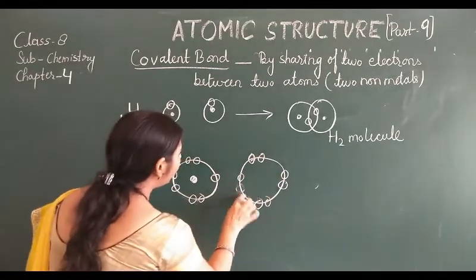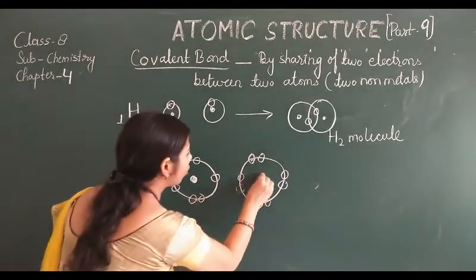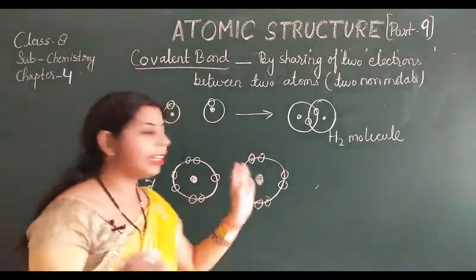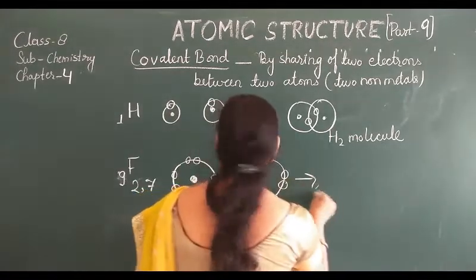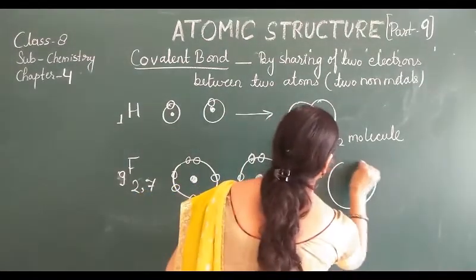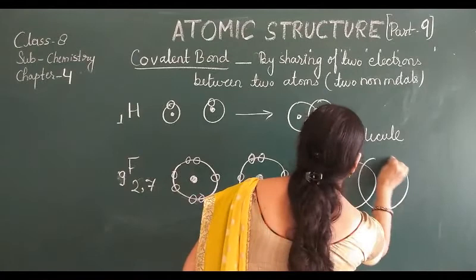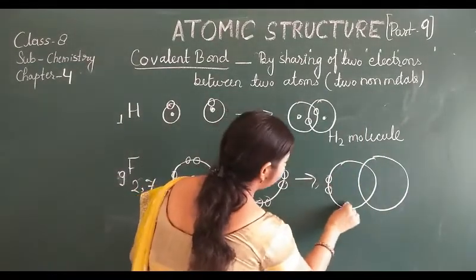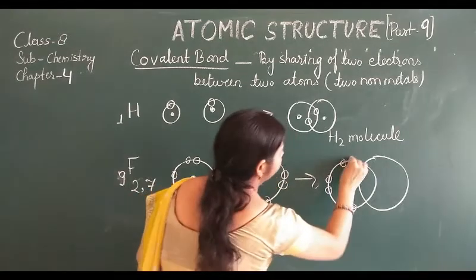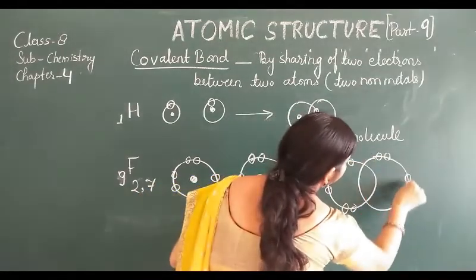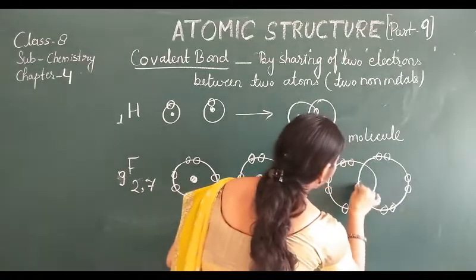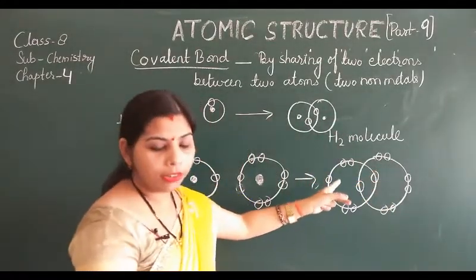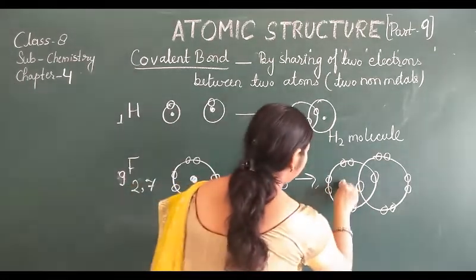Now what will they do? They will share their electrons. When they share their electrons, they both become 8 electrons, so it will form like this. Previously they had 6 electrons each, and now they share their electrons, so they both have 8 electrons in their outer shell.